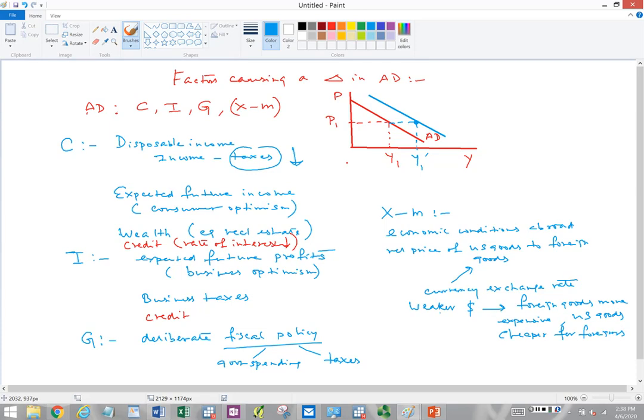In other words, the relative price of US goods to foreign goods will have fallen. And that, of course, is going to cause our net exports to increase. Foreigners would buy more US goods because our goods are cheaper, and we would buy less of foreign goods because foreign goods are more expensive, causing X minus M to go up, right? X goes up, X minus M goes up. M goes down, well, that also causes X minus M to go up.